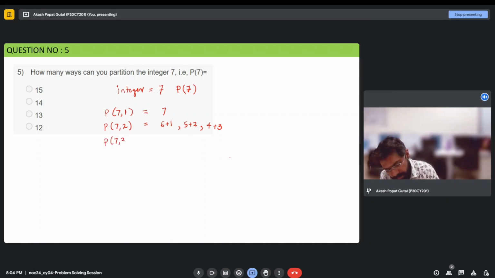For 7, we partition with 3. Let's start with the maximum to minimum, let's say we're having 5, 1, 1.